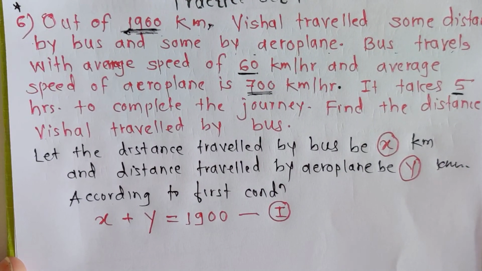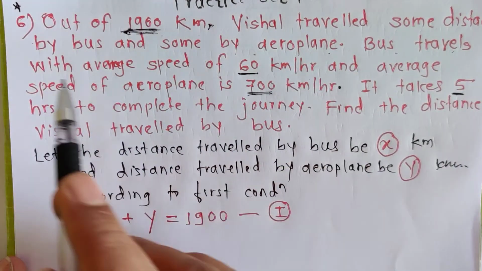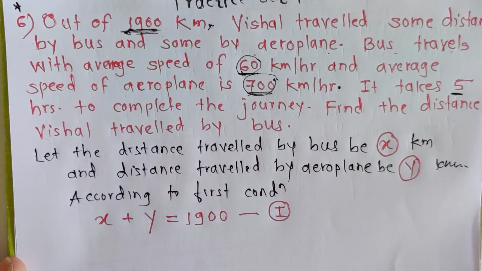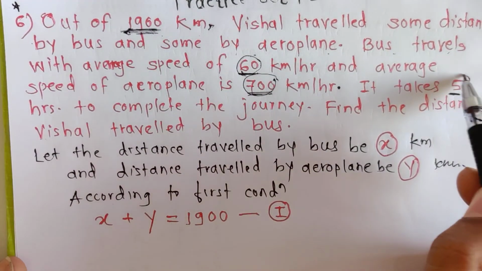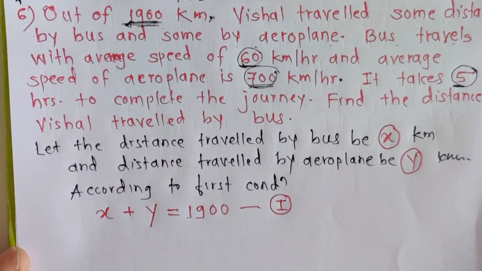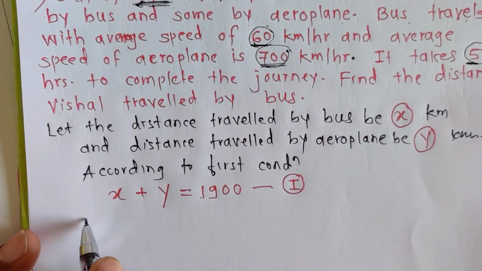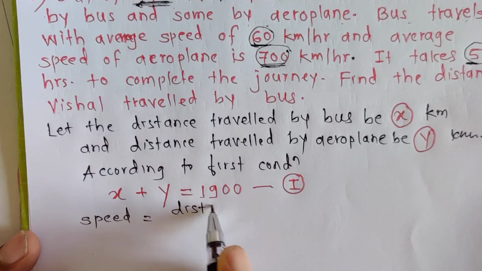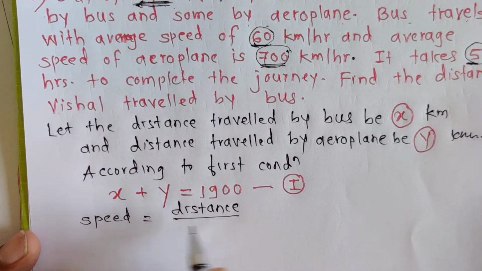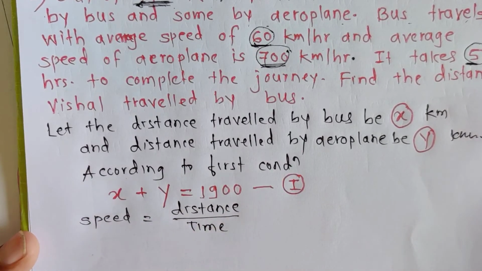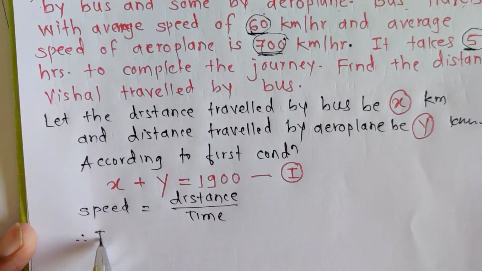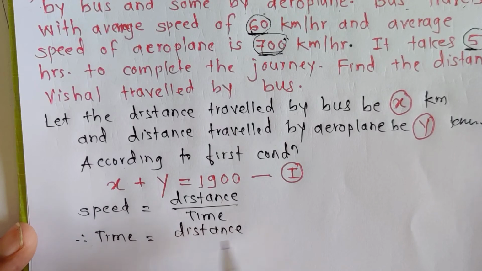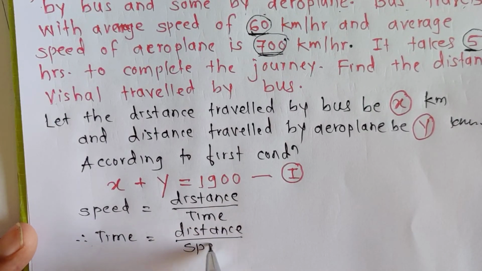Now the second equation. Here what is given? The average speed of the bus is 60 kilometers per hour and the average speed of the aeroplane is 700 kilometers per hour, and the total time is 5 hours. So we know the formula for speed: speed is equal to distance divided by time. So how can we calculate the time? Therefore, time equals distance divided by speed.